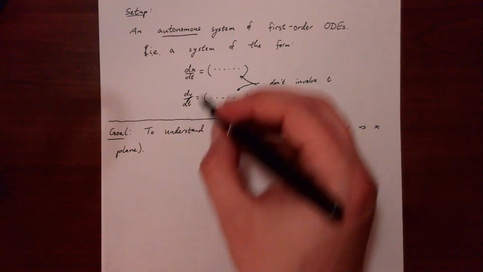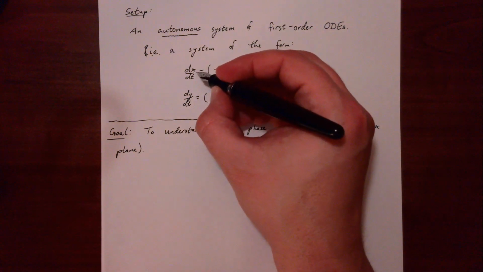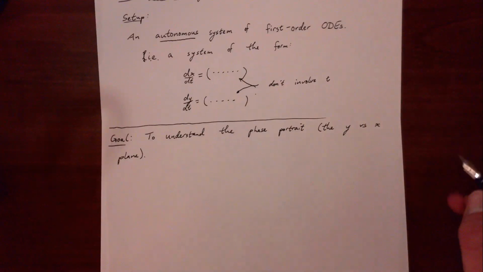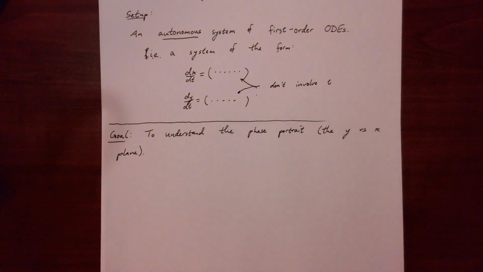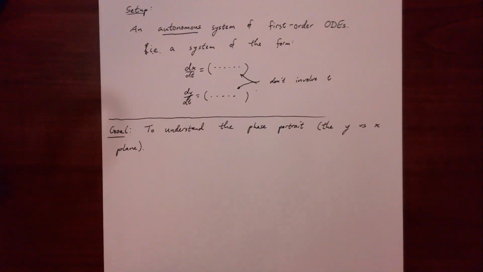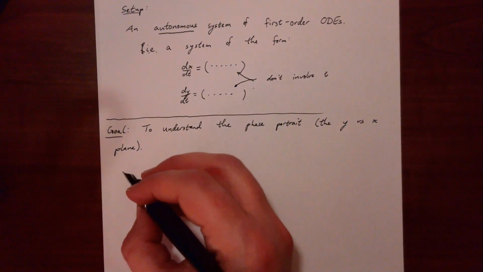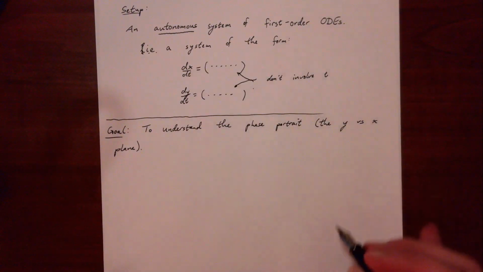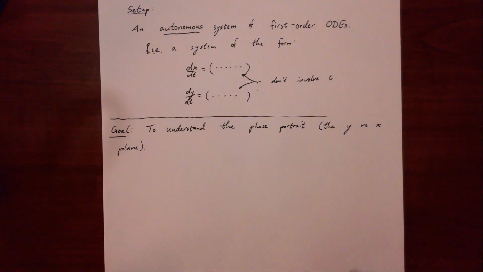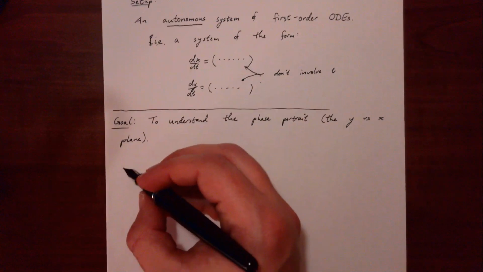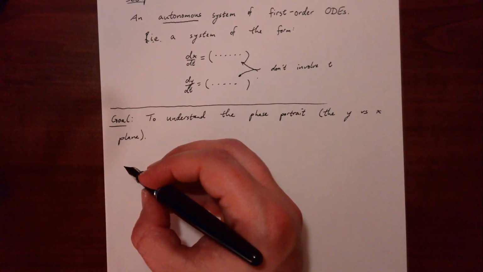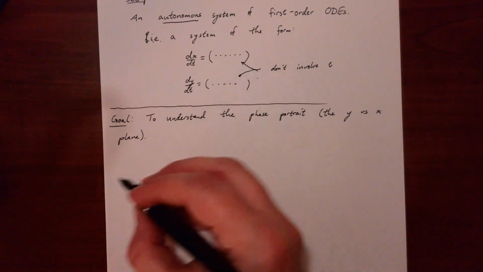First, just thinking about what these actually represent, it is literally the change in x with respect to time and the change in y with respect to time. So if x is not changing, then we would be finding a point at which there was no horizontal movement.